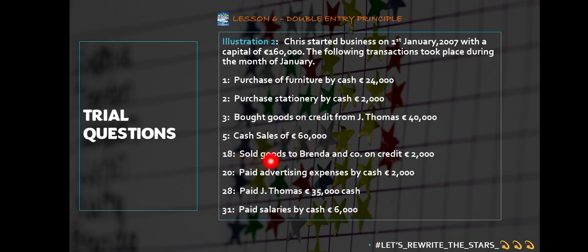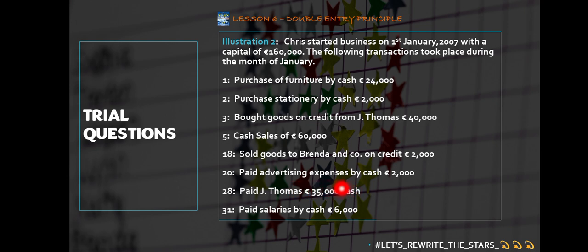On the 18th, goods sold to Brenda and Co. on credit, 2,000 euros. Paid advertising expenses by cash, 2,000 euros. Paid Thomas 35,000 euros cash. And then paid salaries on the 31st by cash, 6,000 euros.